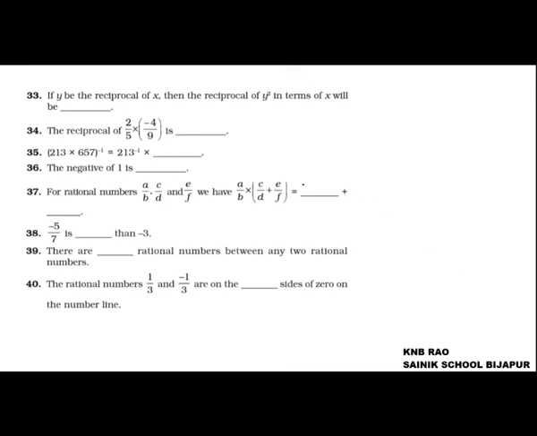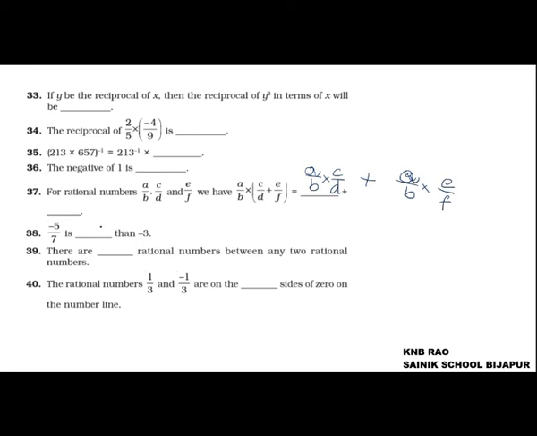So we can say a by b multiplied to c by d plus a by b multiplied to e by f. So this is the right answer. It's a distributive property.